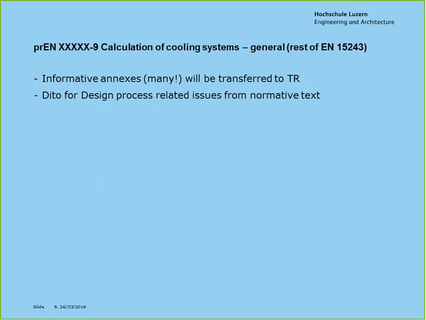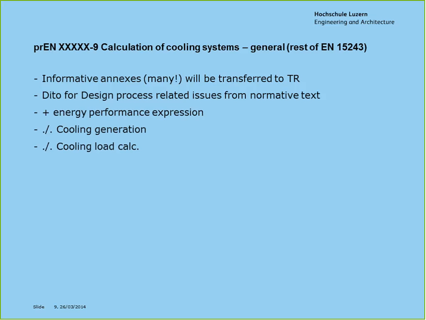The same is true for some of the information we have about the design process and so forth in the normative text. Plus, we add again a piece of information about the expression of energy performance now for cooling. But what we take off is two pieces, the cooling generation part and the cooling load calculation part, which will be separate documents.